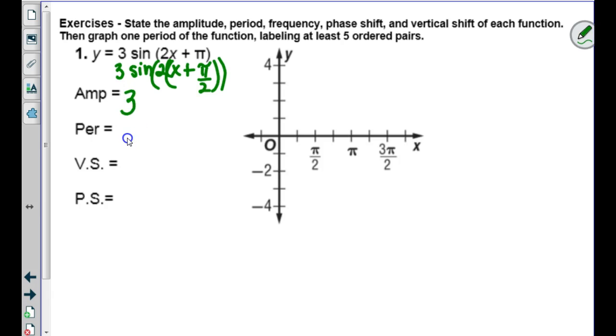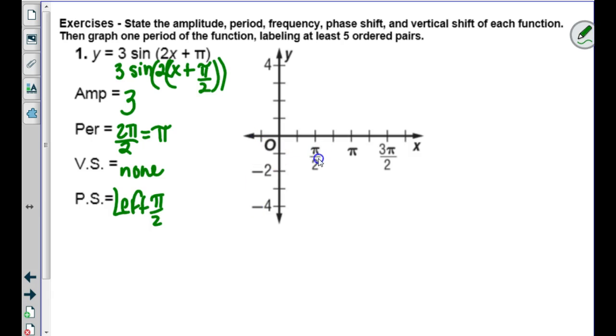Period, Lillian. 2 pi divided by 2, which would be pi. Vertical shift. Anybody? Phase shift? Oh my goodness. Give up, half hour. Left, pi over 2. Okay.